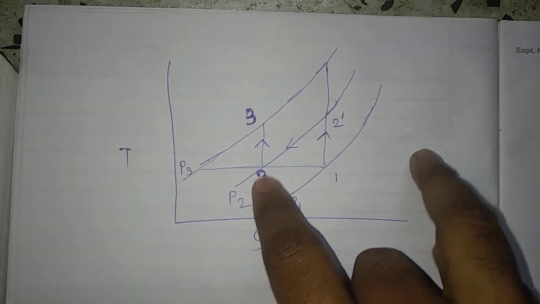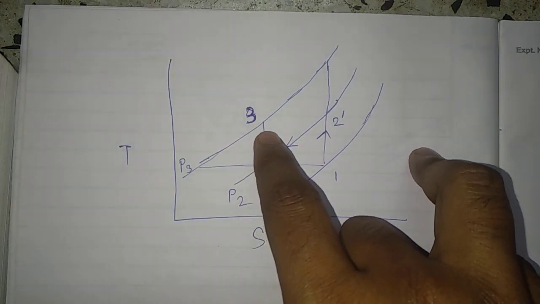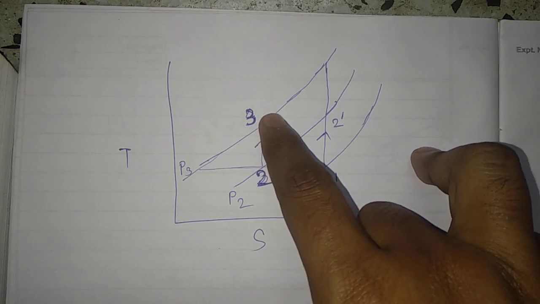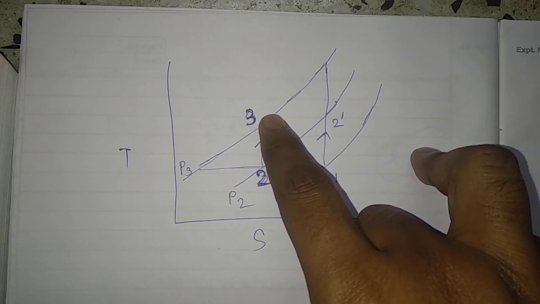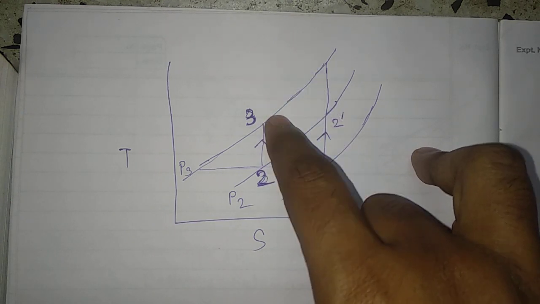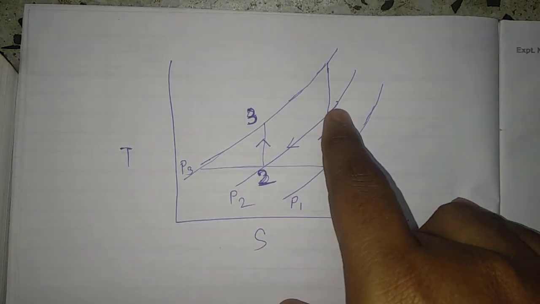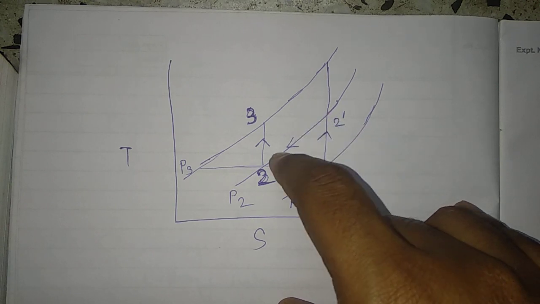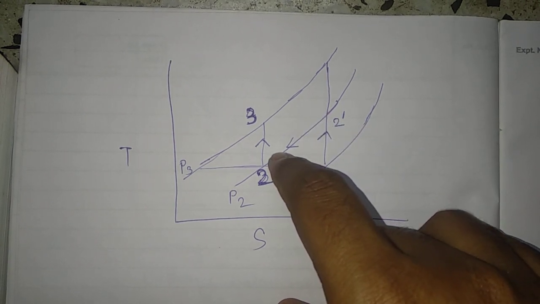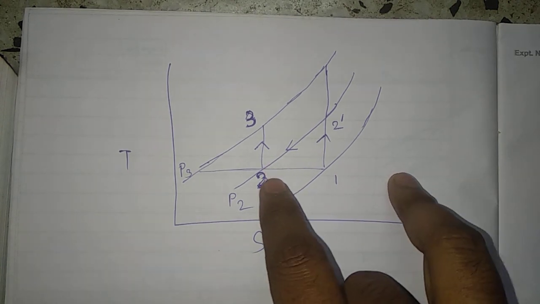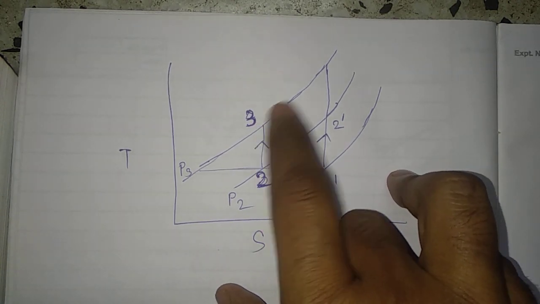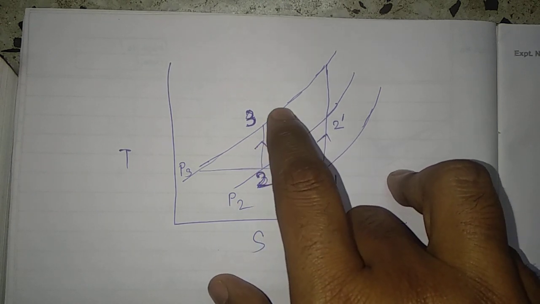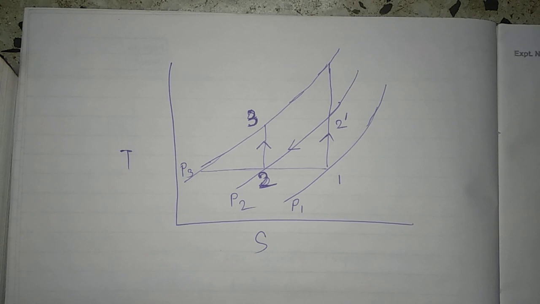Now again from 2 to 3 another compression process takes place, in the high pressure cylinder. So 1 to 2 dash is the compression process in the low pressure cylinder, 2 dash to 2 is the constant pressure process, with cooling in your intercooler, and 2 to 3 is the compression process in a reversible adiabatic process in the high pressure cylinder.